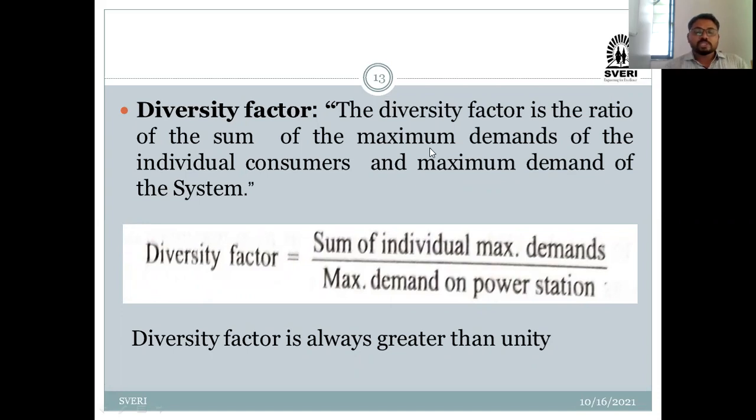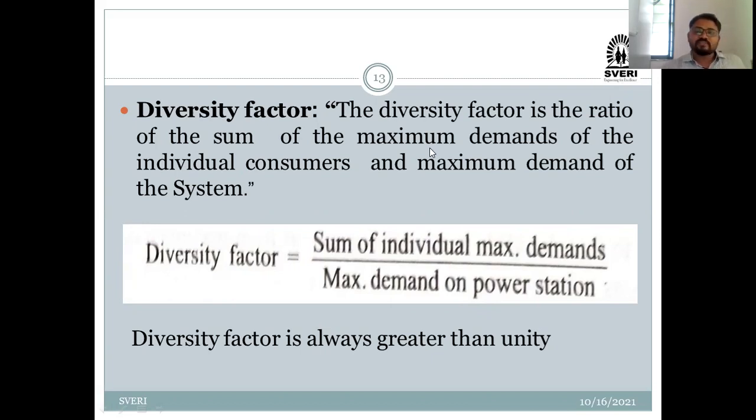On these factors we have to solve different short numericals. So it is very important for you to remember the definition of each and every factor, and that factor is the ratio of which quantity, that you have to keep in your mind.